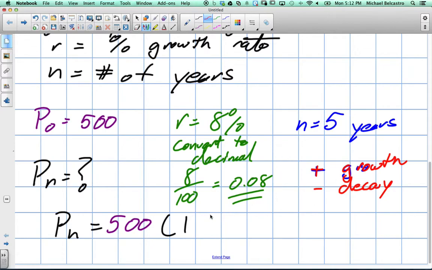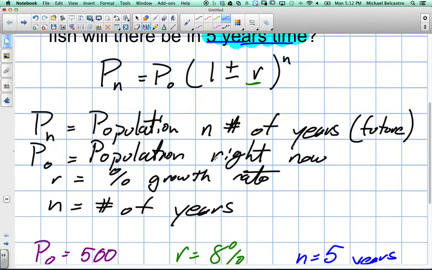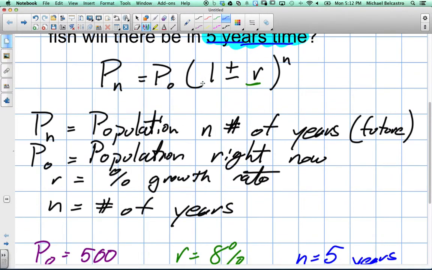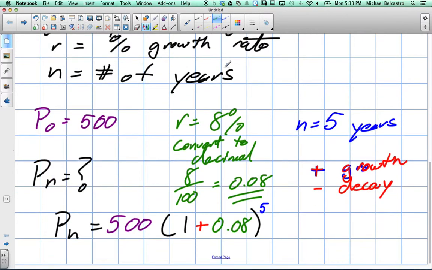In this case, we're growing, so we're going to add our value of 0.08. And then it's all to the power of n, which is 5. This was the exact same formula as we had up here. Pn equals P0. We just replaced P0 with 500, R with the growth rate, n with 5, and because it's growth, we used plus.